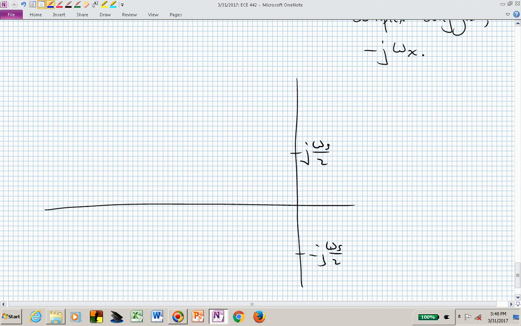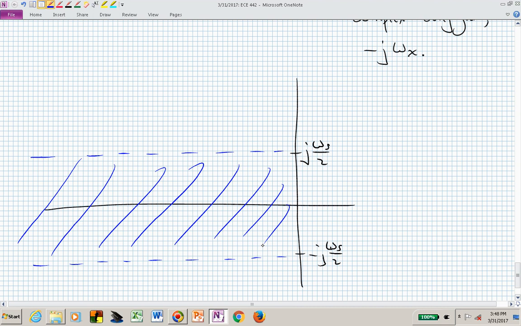We will now call this our primary strip of frequencies in the S-plane. This is now our S-plane. Here's our primary strip. And really everything is going to look like it lives in that primary strip.